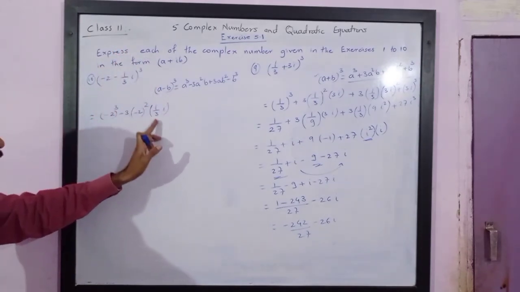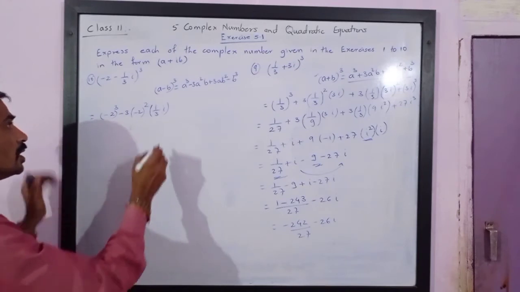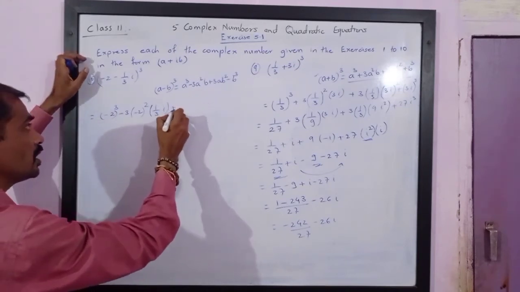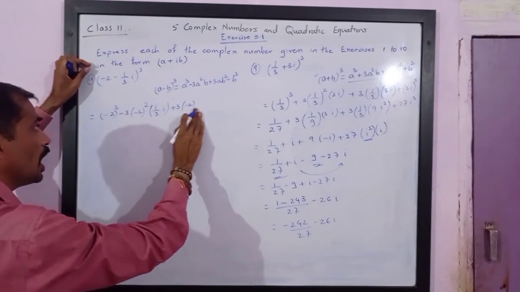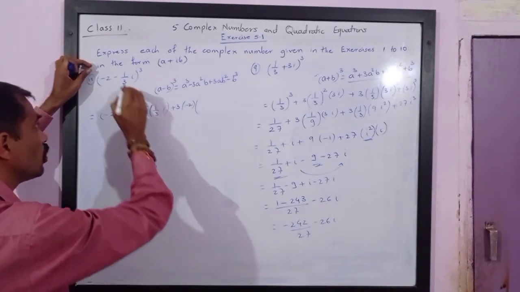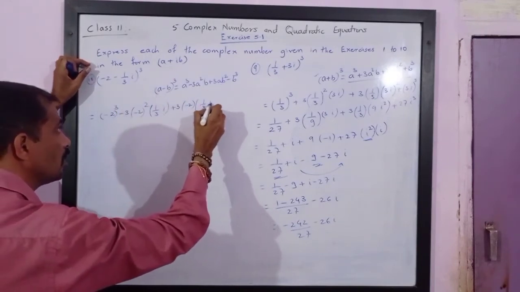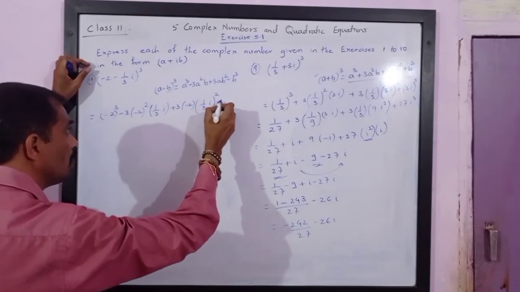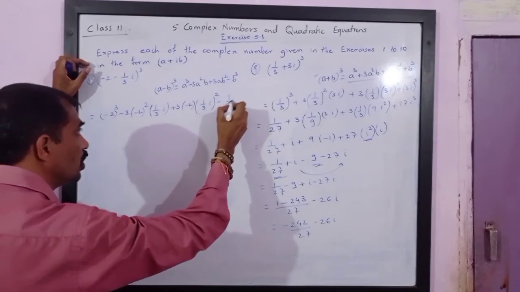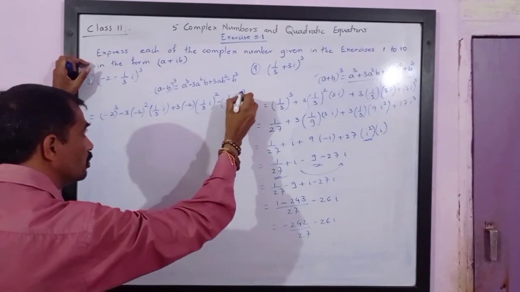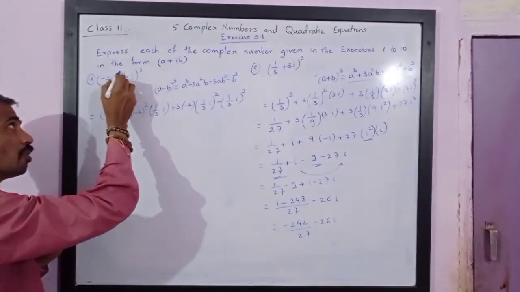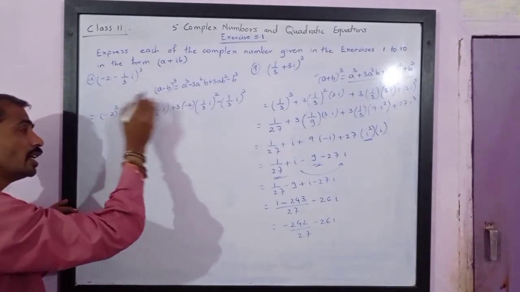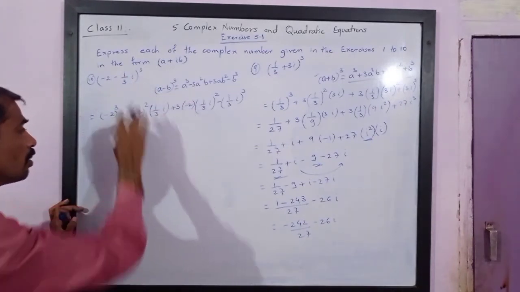So b is 1 upon 3i. Don't get confused. Next is plus 3 multiplied by first term negative 2 and second term is 1 upon 3i bracket square, minus b is 1 upon 3i bracket cube. This negative sign is of the identity and please note b is positive. I have taken negative sign for the identity, so b is positive.